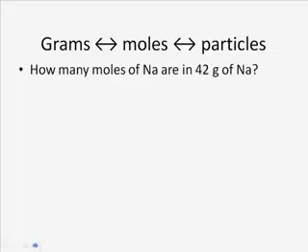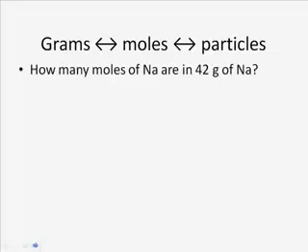Here's kind of a diagram that is helpful, especially to understand that moles is sort of a connection for us. We really care about the particles, atoms, molecules, ions. The particles are what interact with each other in chemical reactions, and so that's really what we care about.